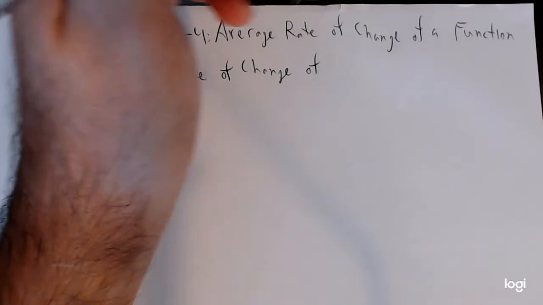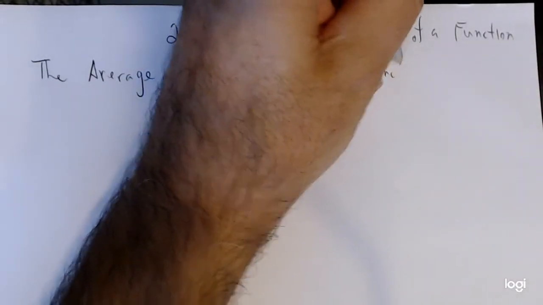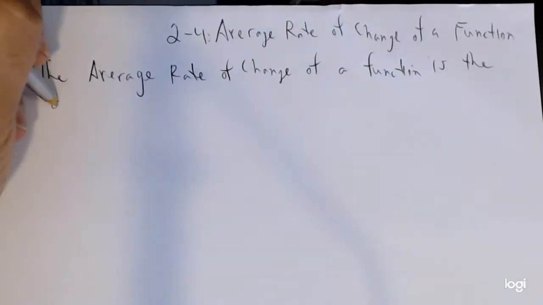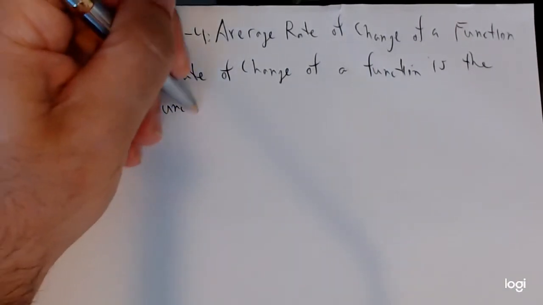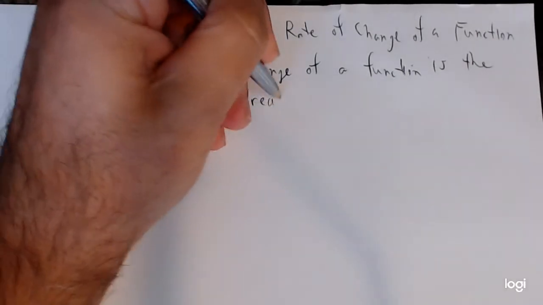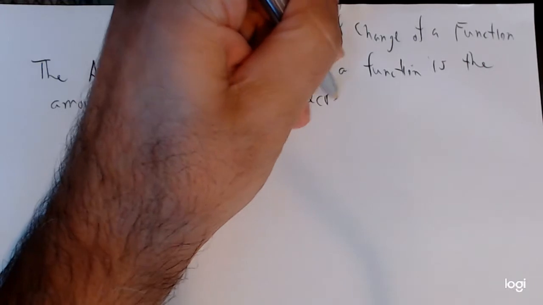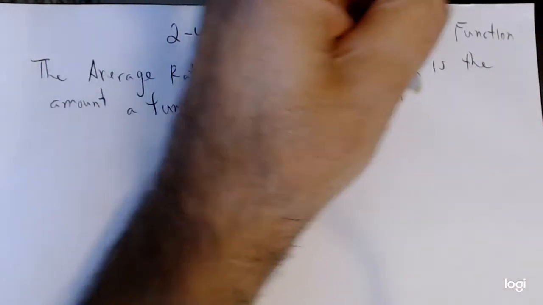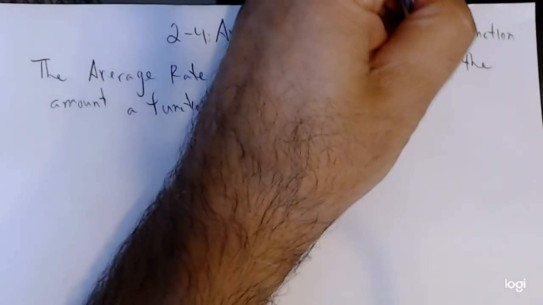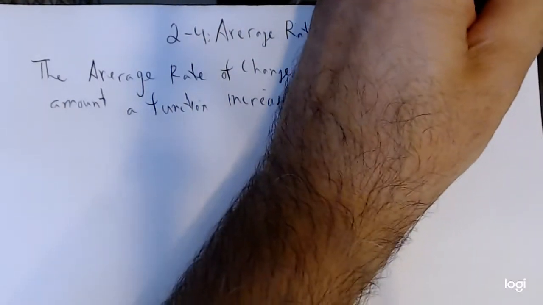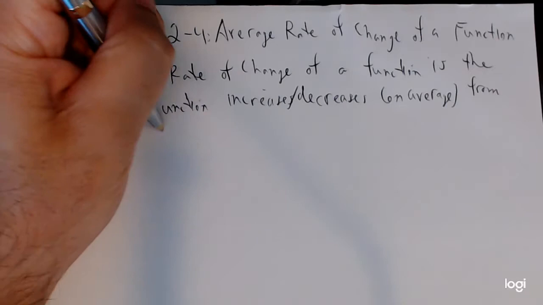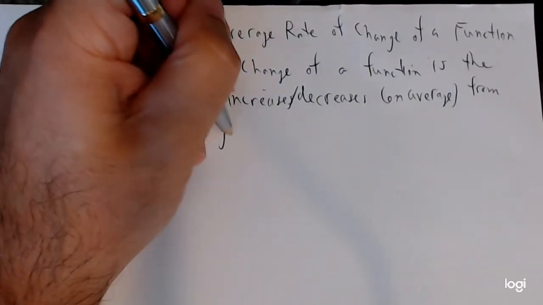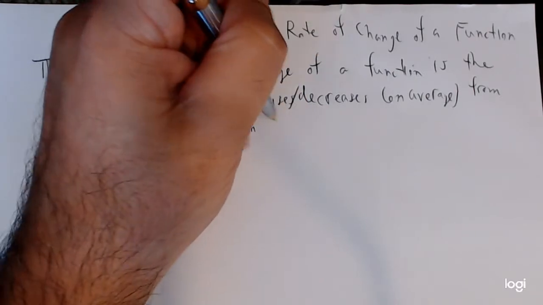So the average rate of change of a function is the amount a function increases or decreases on average from one point of the graph to the next.